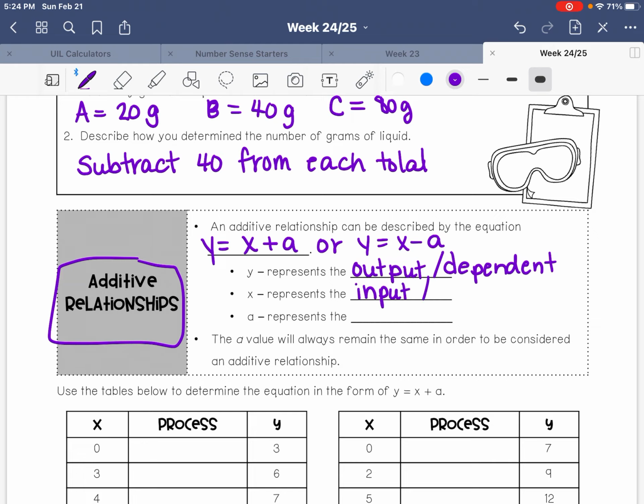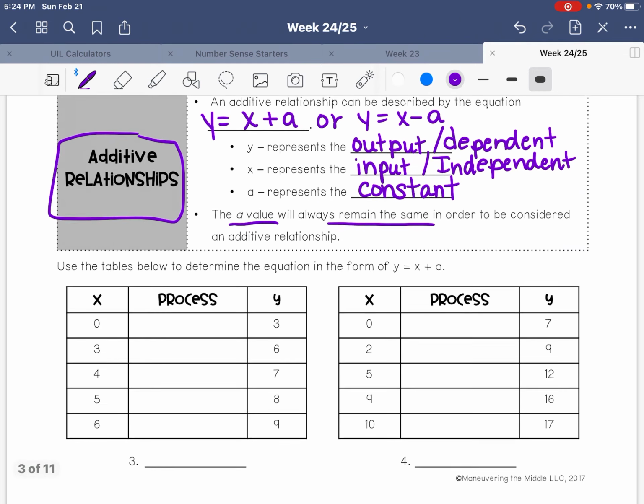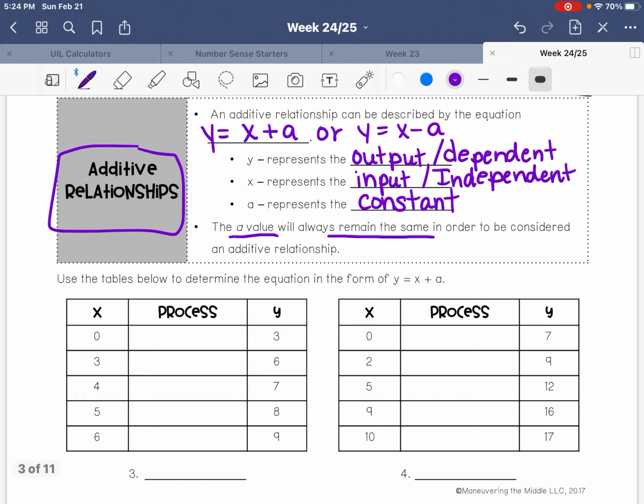And now we know that's the independent variable. And then a is, of course, the constant, because if you're not adding the same number every time or subtracting the same number every time, that's not an additive relationship. It's because the value of a always has to remain the same in order to be considered an additive relationship.